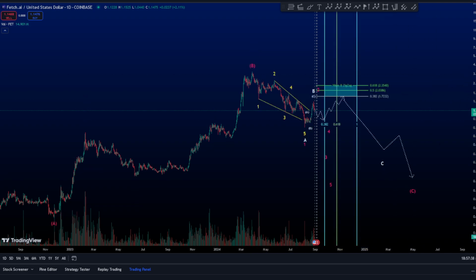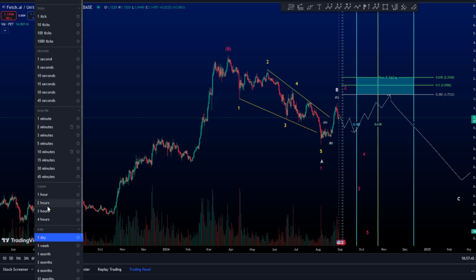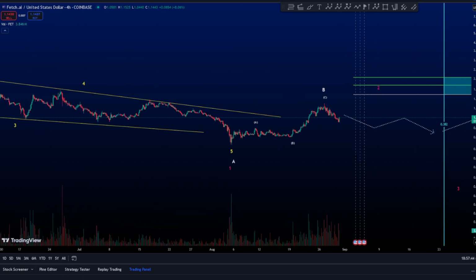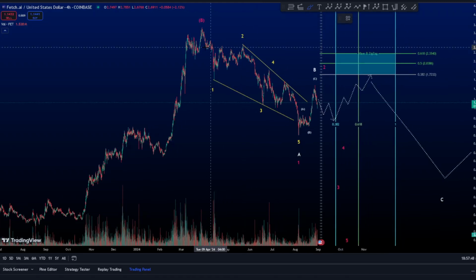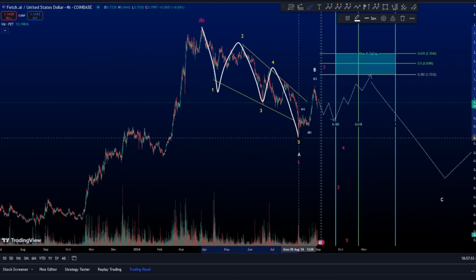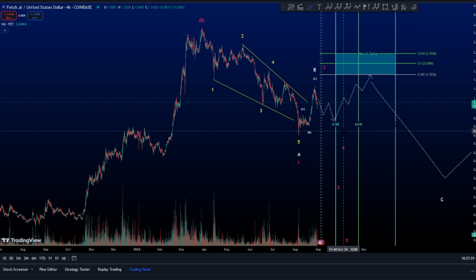Now, looking at the 4-hour chart, of course, what we want to look at is inside this wave A here that it has created, or wave 1 potentially, because we see 1, 2, 3, 4, 5. So therefore, this is a wave A of a zigzag or a wave 1 for an impulse.